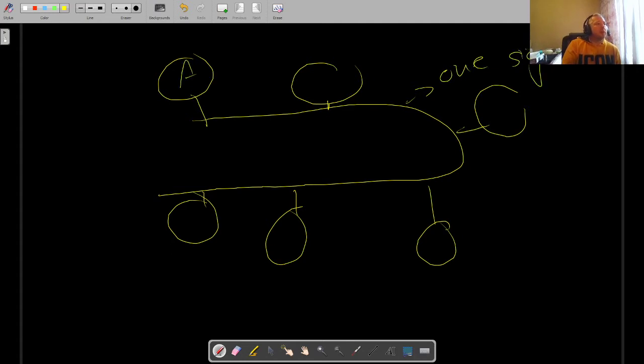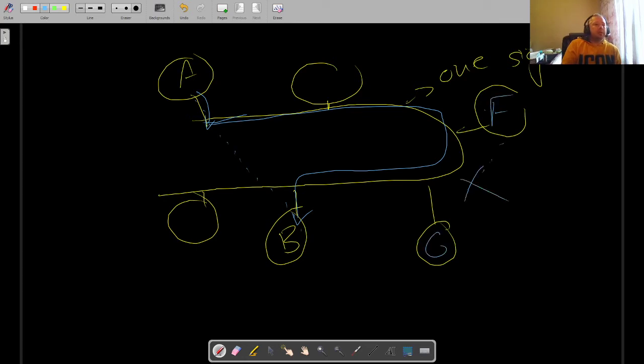So if computer A is sending data to computer B, it has to put the signal on the cable, and then that signal has to travel to computer B. But while computer A and B are sending data to one another, I can't have computer F and computer G transmit data because there's already a signal on the cable. It's already carrying a voltage.